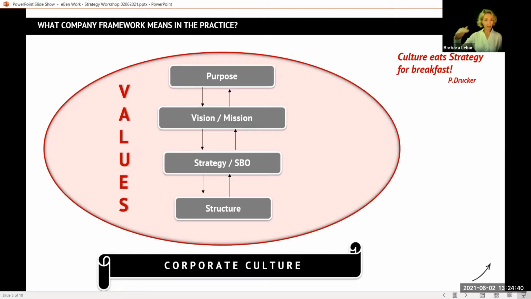When we state the values, we need to create behaviors upon that. What does that mean? If our value would be honesty, how do we need to behave to be honest on all different levels? That would mean that among us peers, so colleagues at work, we need to speak openly, transparently.